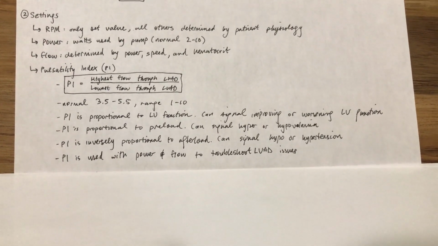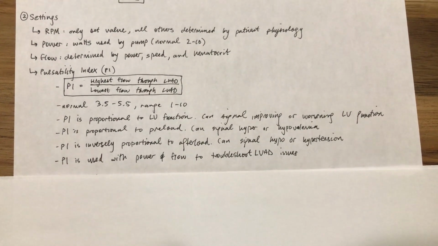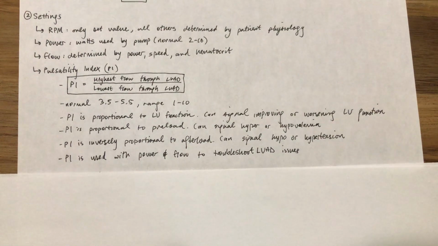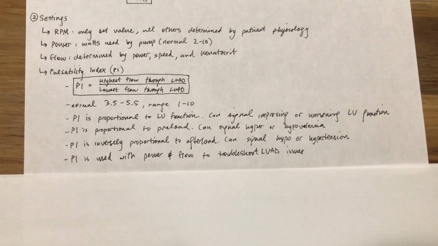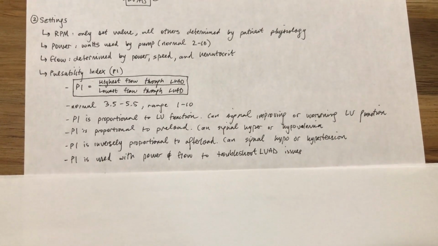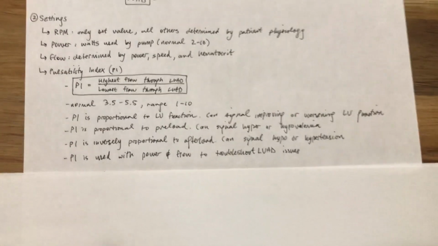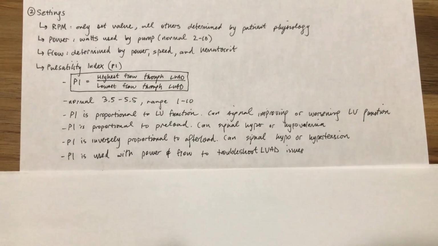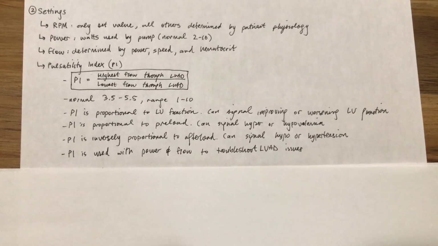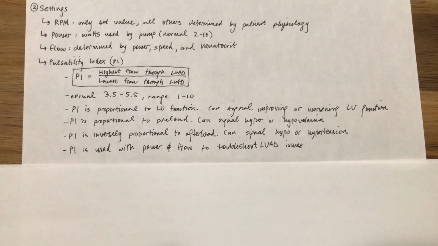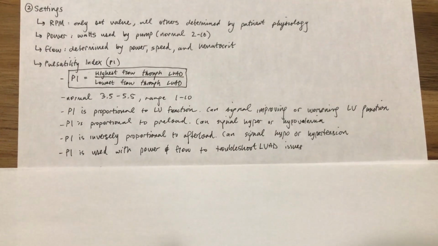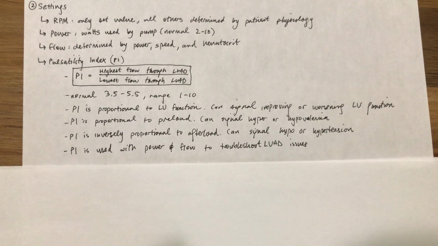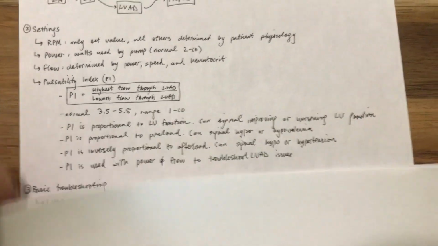An increase or decrease in PI can be due to so many different things. It's going to change with LV function, preload, and afterload. I wrote down here the general patterns of it, but keep in mind that RPM, power, and flow are going to be the best primary ways to tell what's going on, and the pulsatility index is a good supplement to those three.